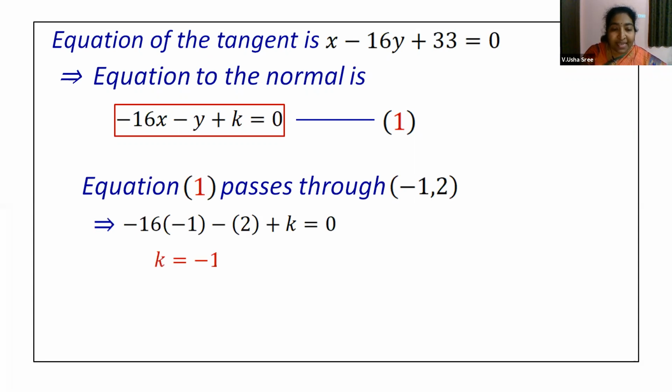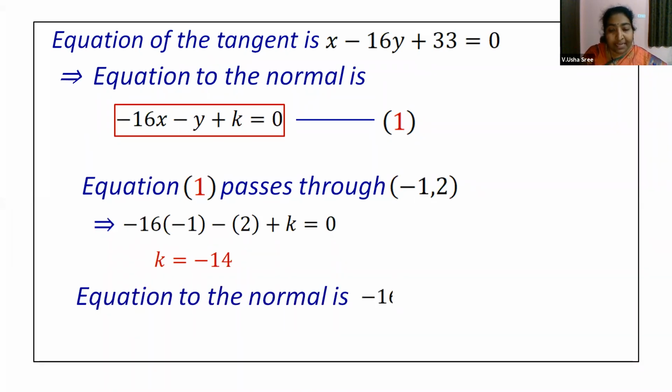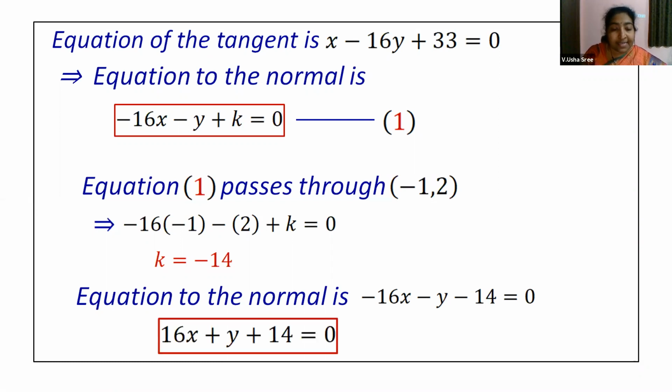This implies k is equal to minus 14. Therefore, the equation to the normal is minus 16x minus y minus 14 equal to 0, or otherwise you can write it as 16x plus y plus 14 is equal to 0.